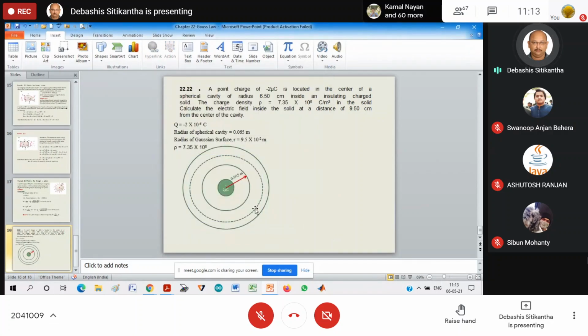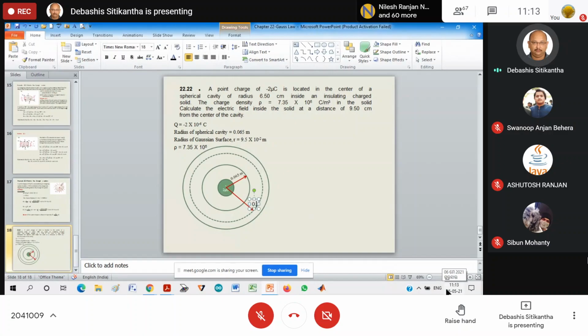So this is the Gaussian surface, right? Have you understood the problem? Can you visualize the problem or not? If you are having any doubt, please tell me. Now this is having a radius. So the radius is 0.095 meter.